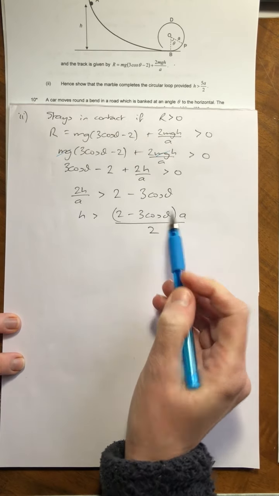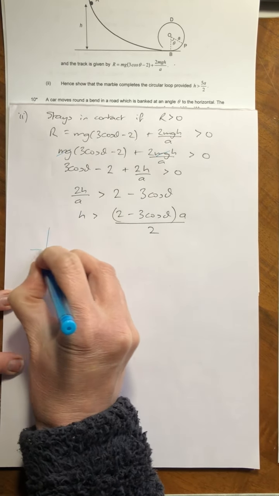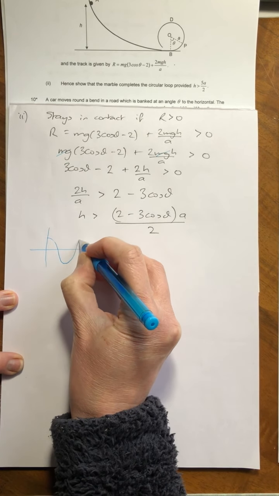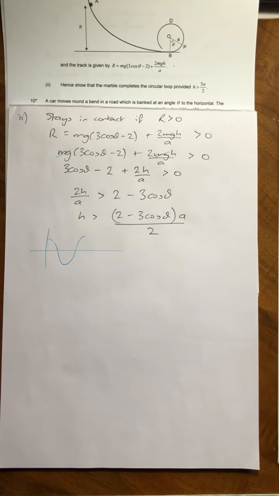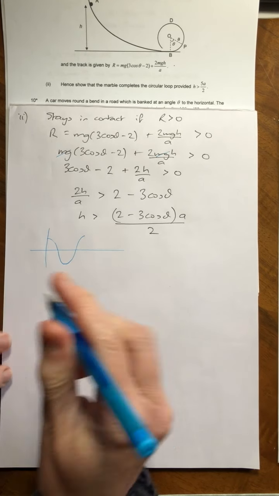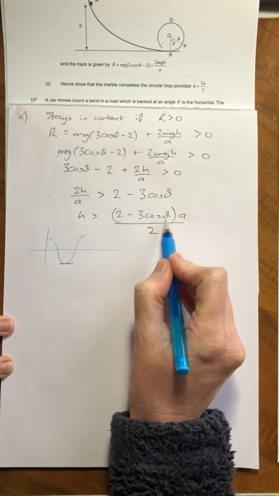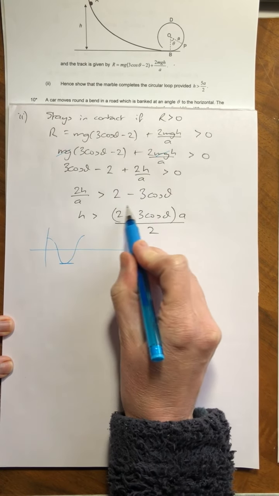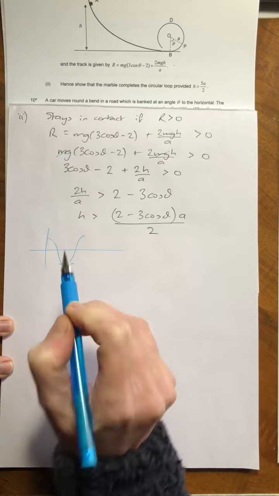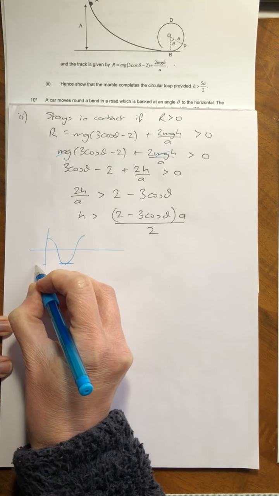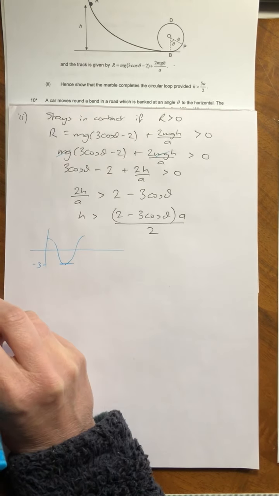And, of course, we can think about this using trigonometry. Here is our cosine curve. And the very maximum that this expression can be is when this is down here. So this would be at -3, of course.